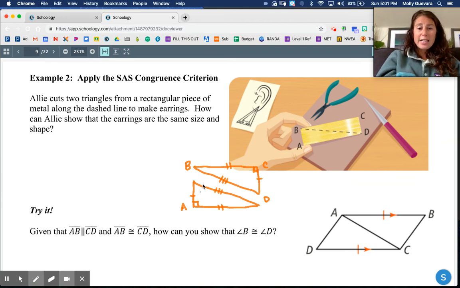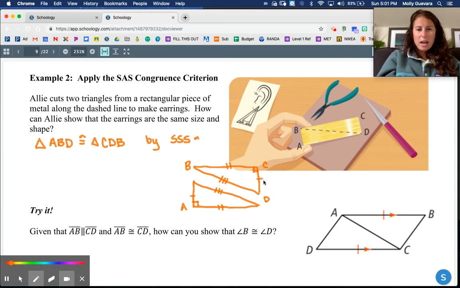One, I can say that these two triangles are the same because I know all three sides, right? I can say that triangle ABD is congruent to triangle CDB. So make sure you go in the right order. And we can say by side, side, side, right?